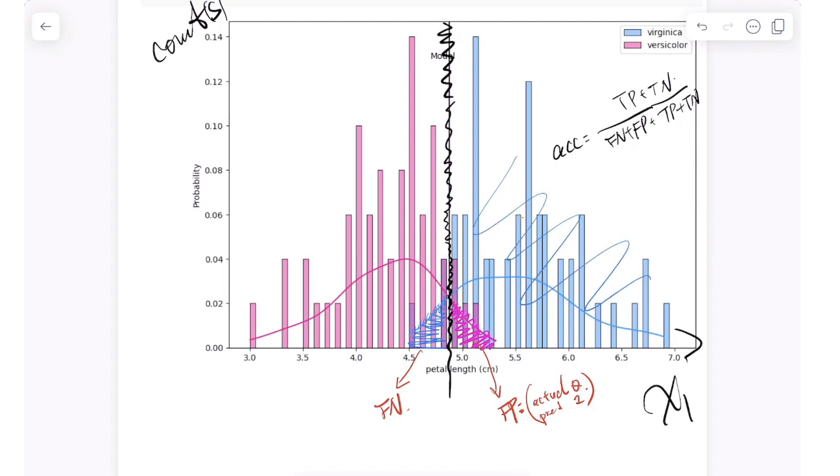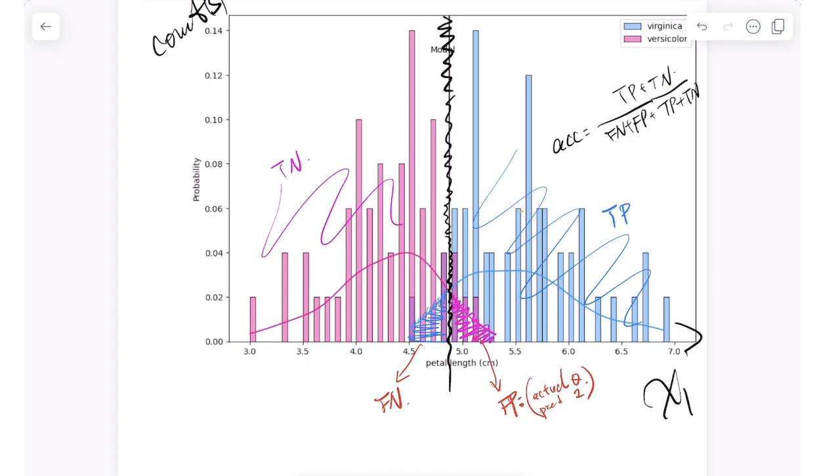And right here is the true positive, and the pink right here is the true negative. So if you want to have the highest accuracy, you have to minimize these two parts.